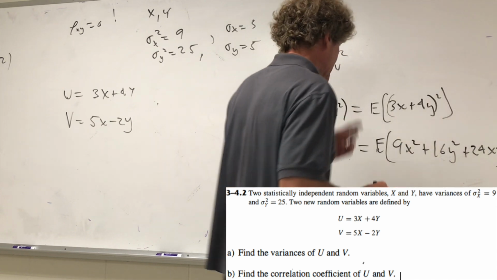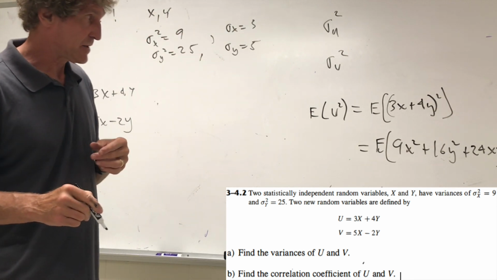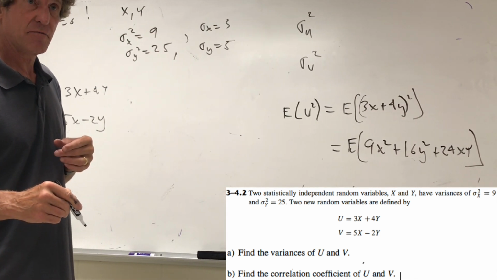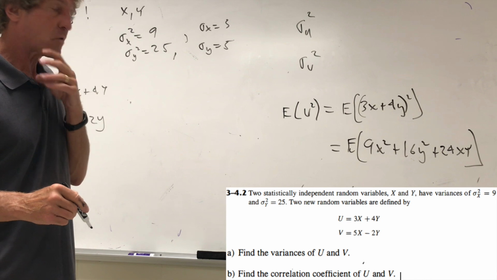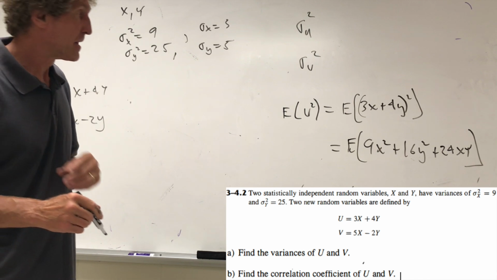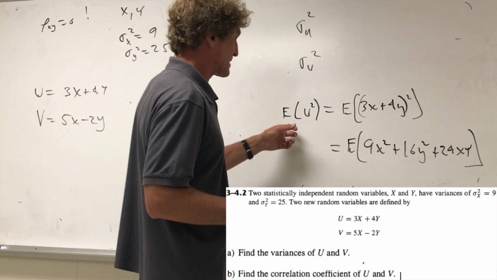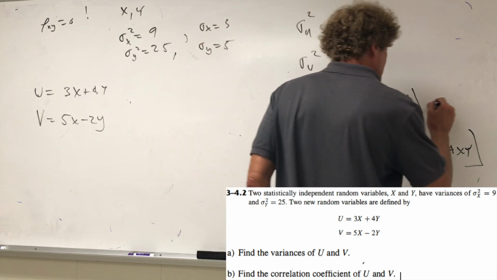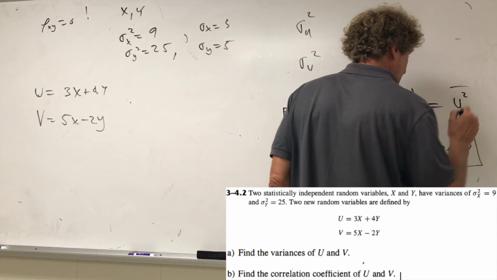I'll stop for a second. I just squared that out, right? So that would be the expected value of 3x plus 4y squared. Do you agree with this, everyone? And this is the expected value of u squared. You can put it down as just u squared bar.